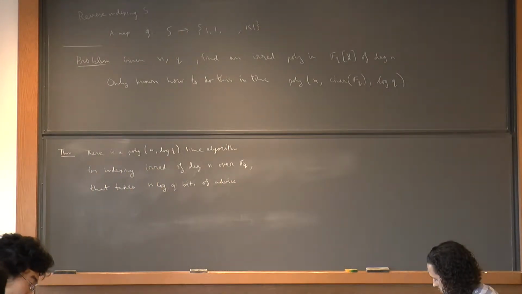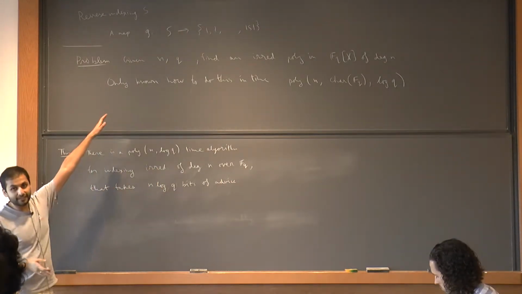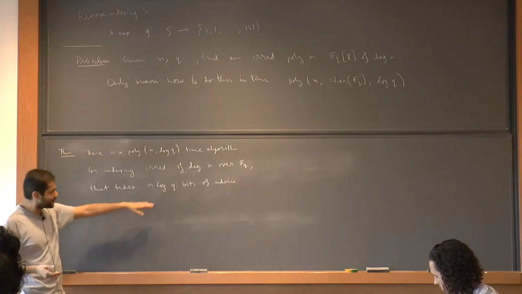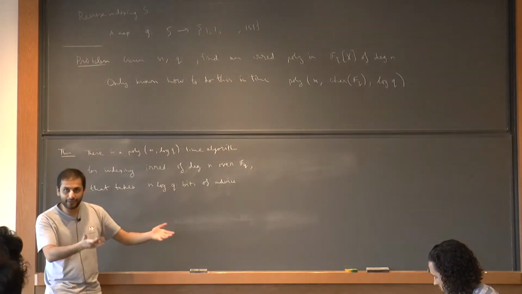That's the theorem. And this is consistent with the fact that we don't know how to find a single irreducible polynomial, because these n log q bits of advice will give you an irreducible polynomial.